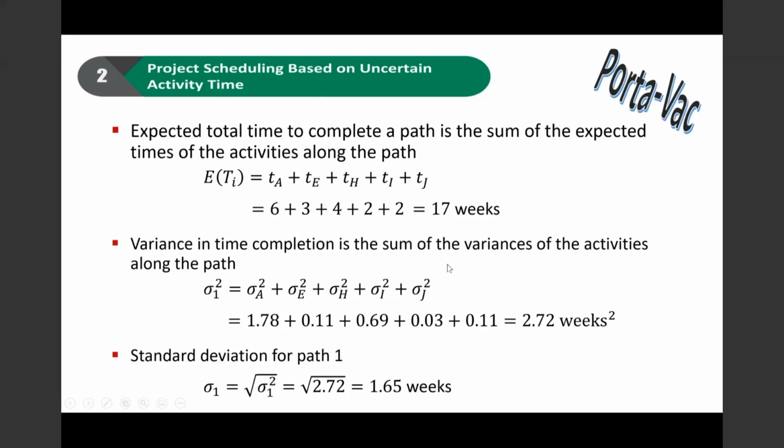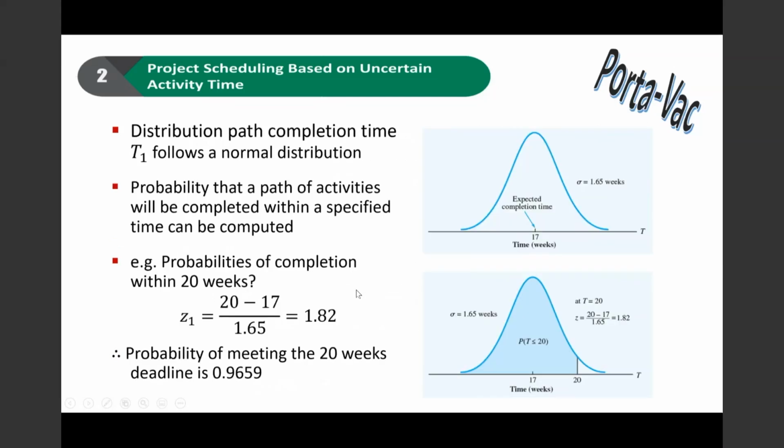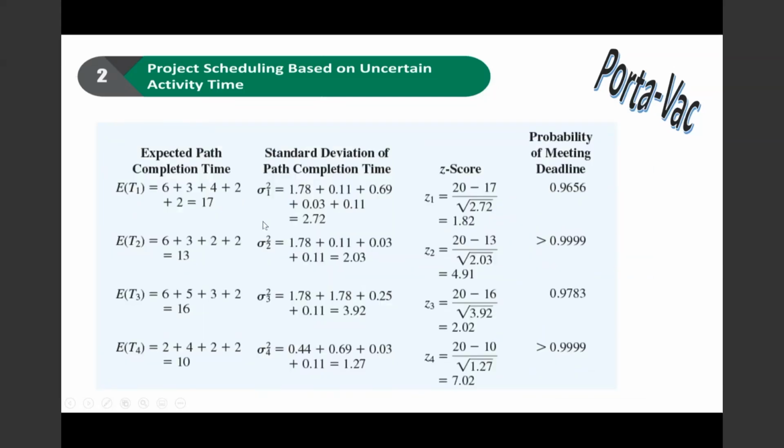Let's look at calculating the same information for the other paths in the network. The expected completion time for path 1 is 17 weeks, and the variance is 2.72.